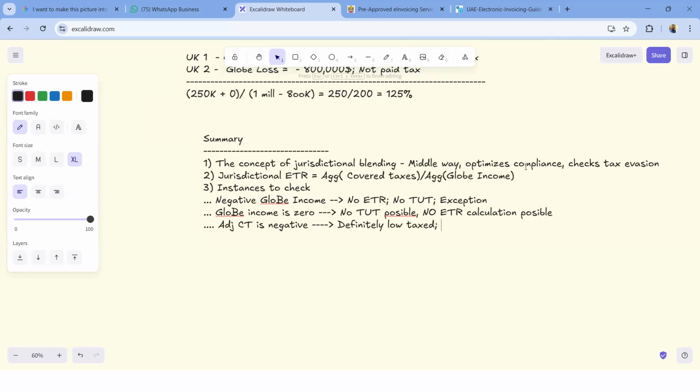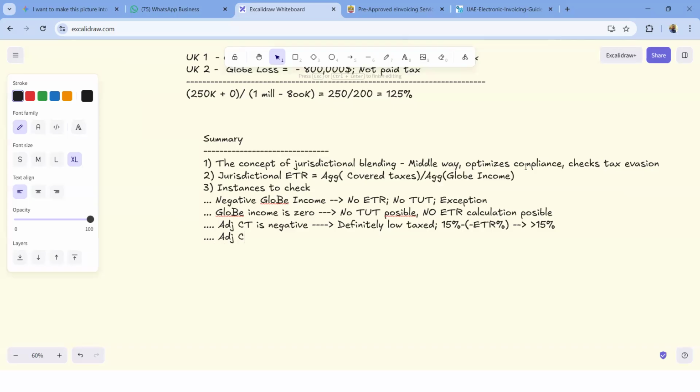And it would be 15% minus the rate ETR, right? Making your top up taxes more than 15% in case your adjusted covered taxes are negative. And let me ask you one more question which was not included.